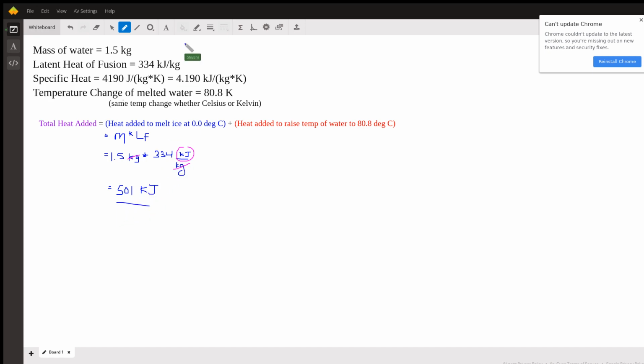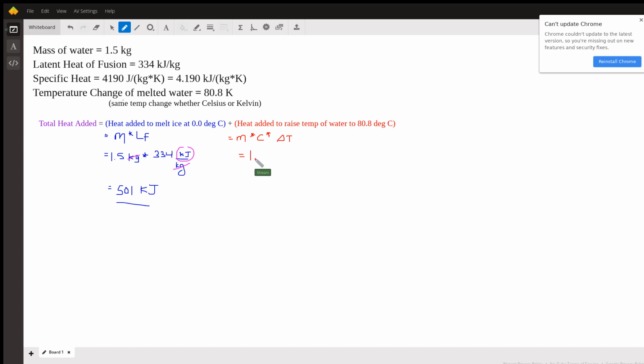Now let's calculate the heat in that second phase. So that is going to be m times C, the specific heat, times the temperature change.